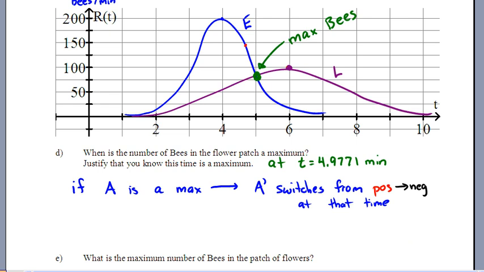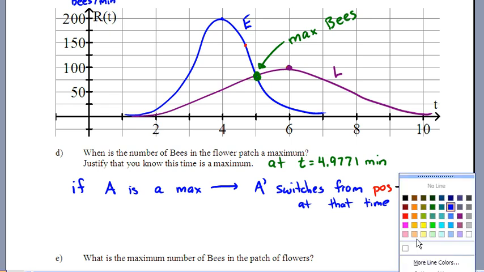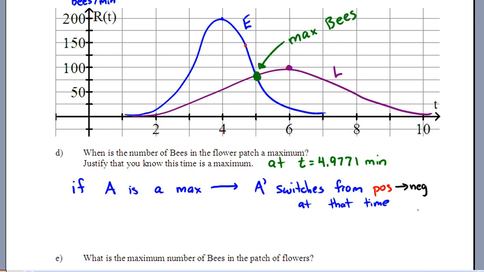But wait a minute, there's some nice little conversions here. A prime is the same thing as just plain old rate. It's just R. And in this story, R is just entering minus leaving. So we want entering minus leaving to switch from positive to negative. And that's going to happen right there. Okay, that'll be that moment.